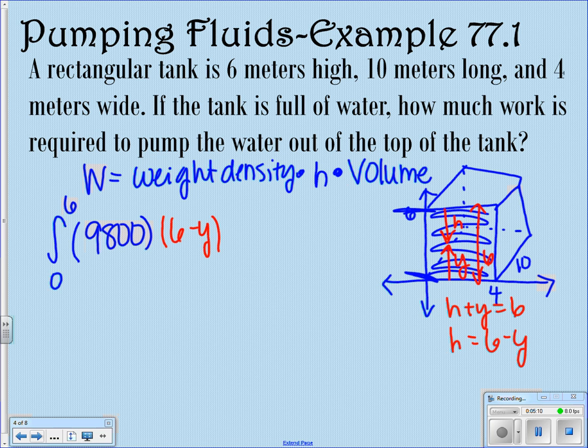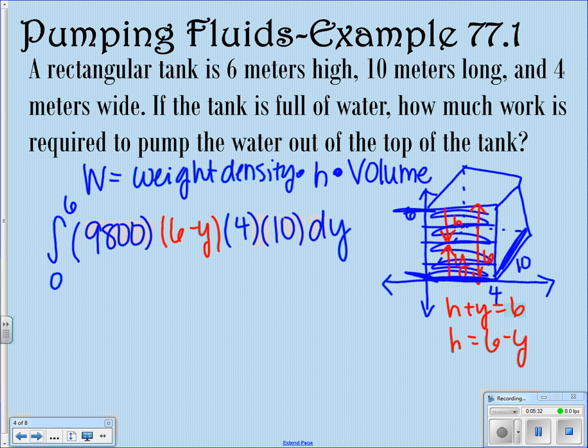And then for the volume, well, the length here is always 4. It doesn't change. The depth is a 10. And then the height depends on your y value. So it's a dy.